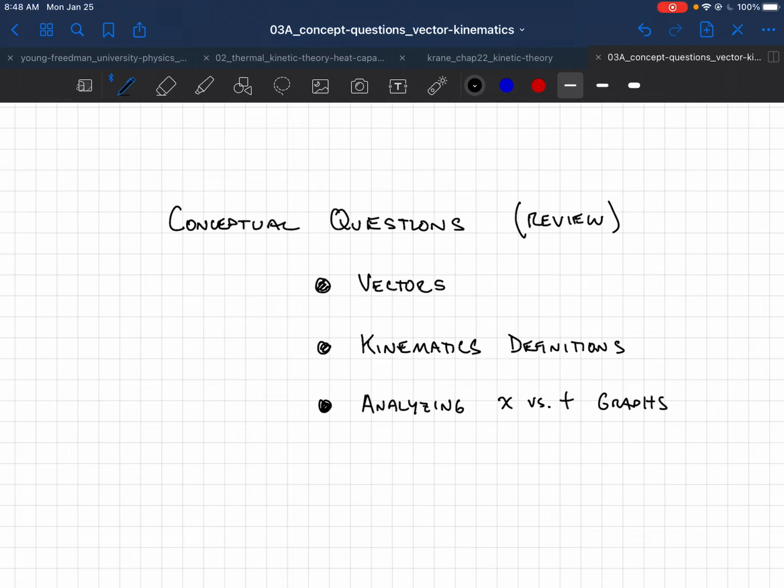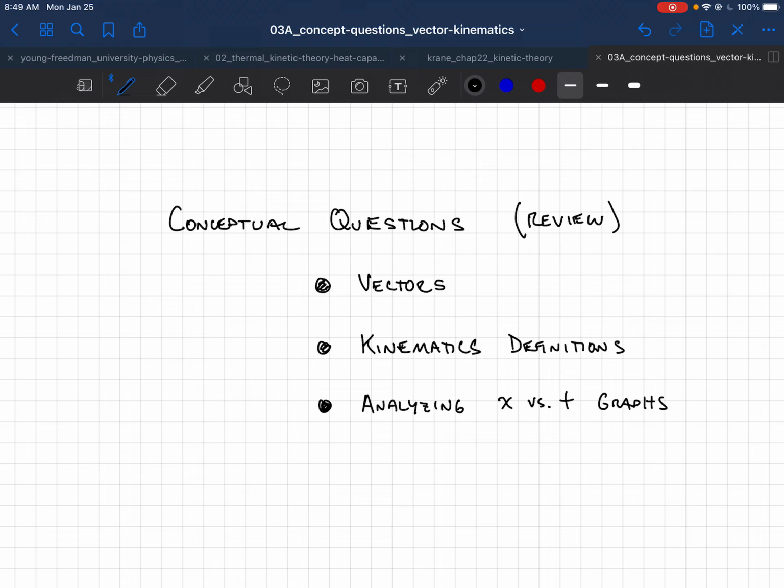But actually these questions should be understood and answered exactly through the precise definitions that we've made, exactly through the techniques that we've learned. It just usually means that we're not going to be finding some sort of quantitative numerical answer. So I don't want you to think that these conceptual questions are a different subject matter than what we've already looked at.